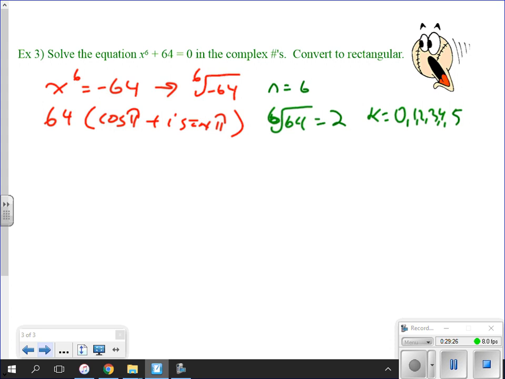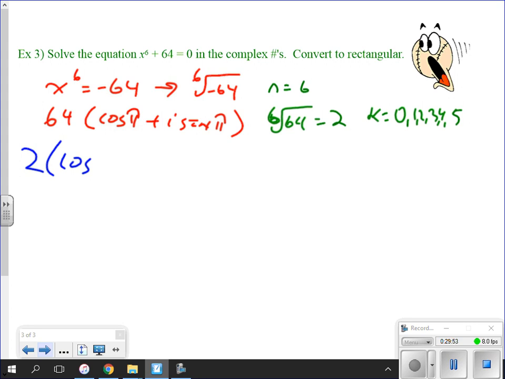All right, here we go. So our first root, k is 0. Now, what are we going to have? I'm not going to do this for every single problem. My 2 in front, I've already figured out, 6th root of 64, which is 2. So I'm going to have 2 in front of every one of these. And then I'm going to have the cosine of the angle divided by n.